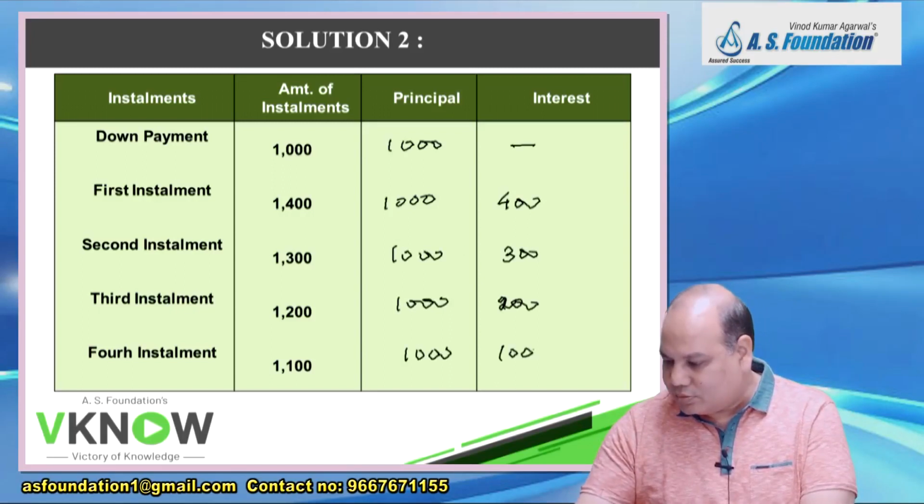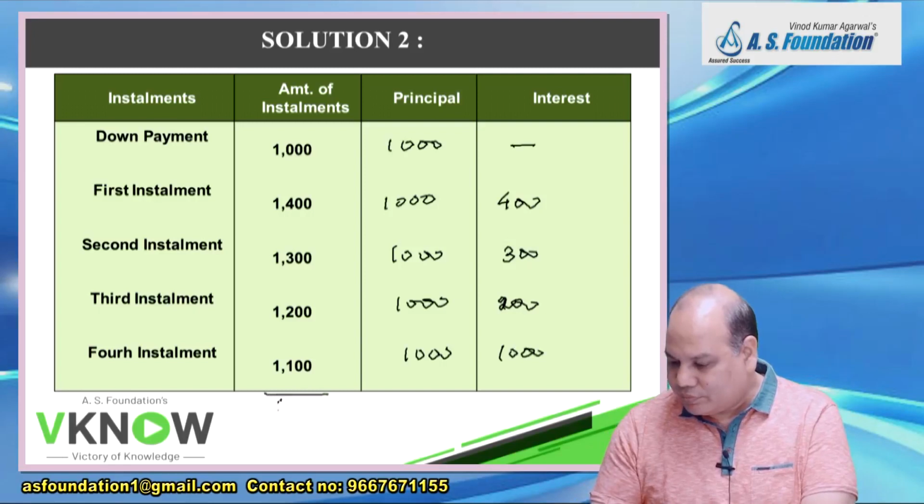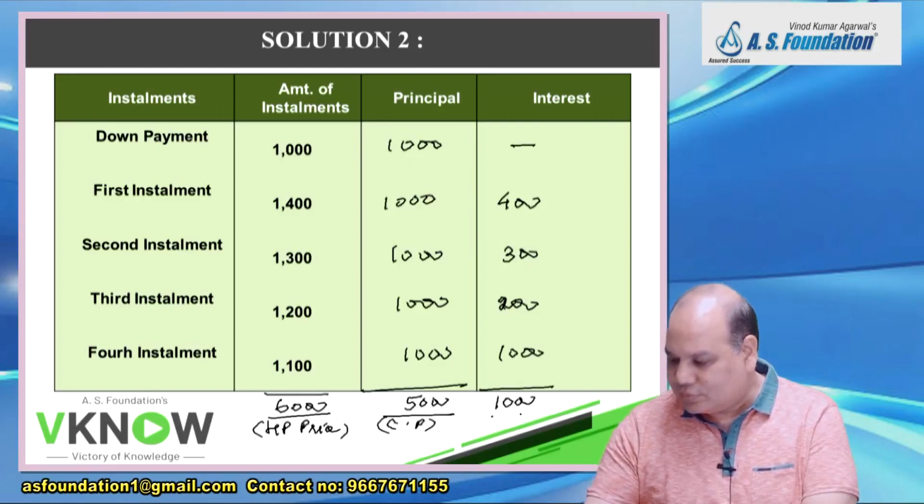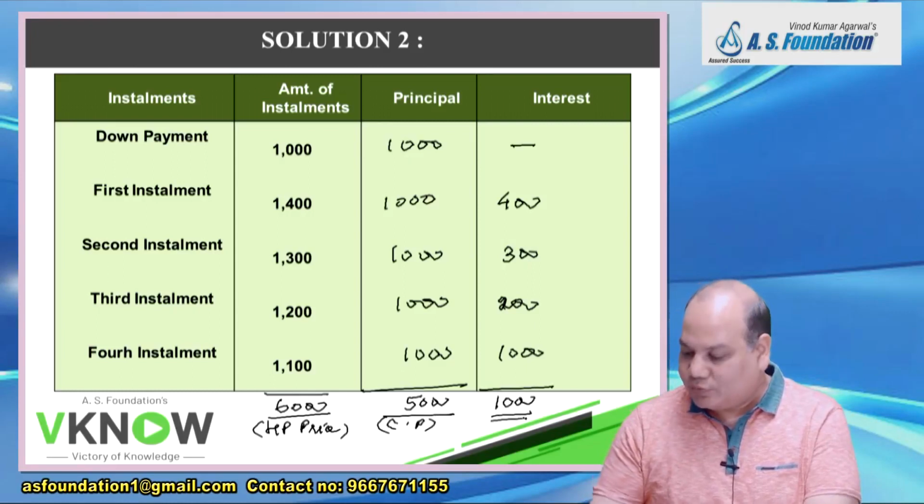Total of installment column. This is HP price. Right below HP price, this is how much? This is called total interest. So how many of you got 5000 right? Raise hand, 5 marks.